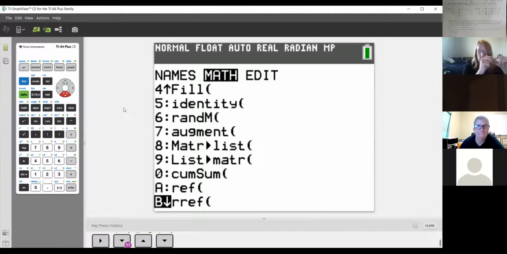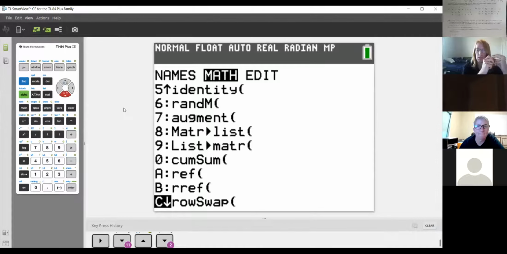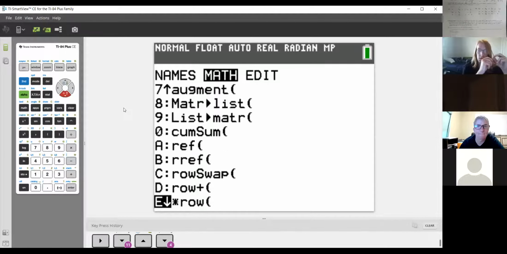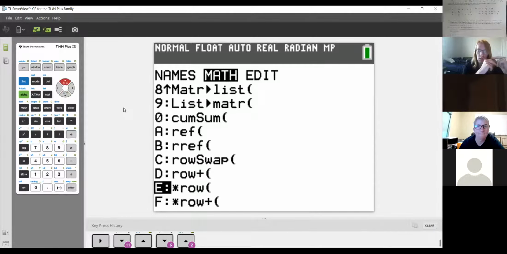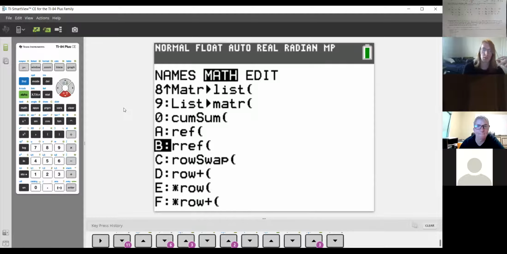That's cumulative sum, row echelon form, reduced row echelon form. And I think these are actually part of the Gauss-Jordan stuff. I think you can actually do Gauss-Jordan processes on your calculator. But do we want row echelon form or reduced row echelon form?